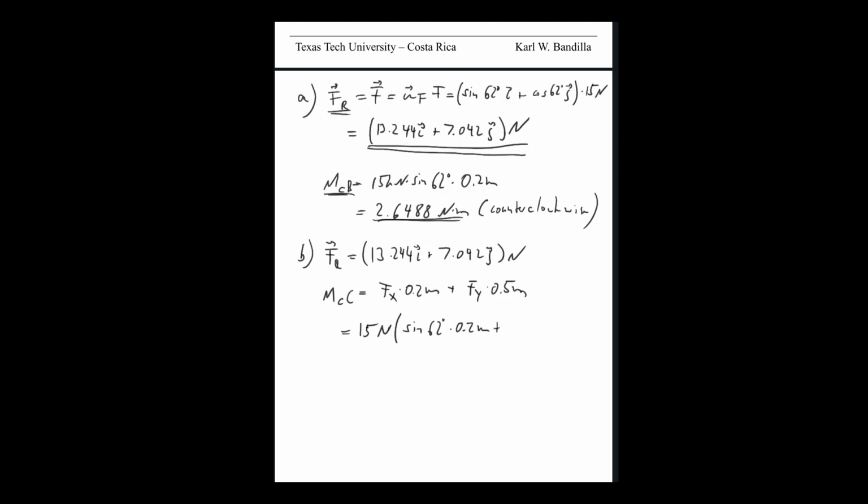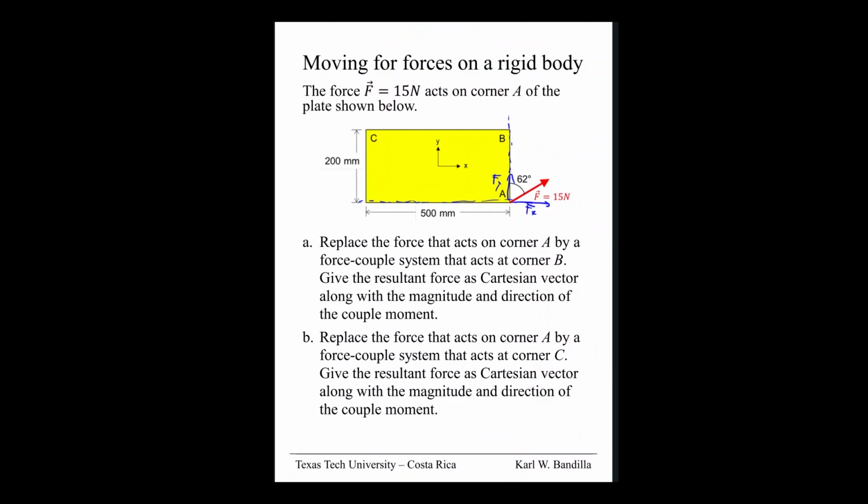And then Fy was 15 Newton times cosine 62 degrees, and now the distance was 0.5 meters. That gives me a value of 6.1699 Newton meters, and because it's positive, it is turning counterclockwise. With that, we have calculated what it would look like if we move this force that's acting at A either to B or to C.